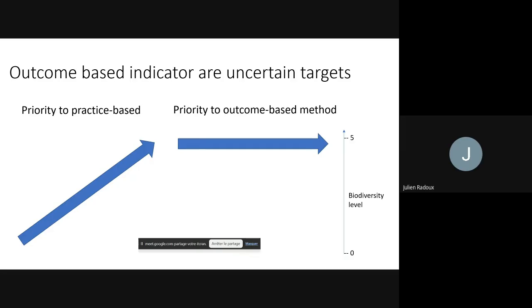But all I wanted to say here, from the point of view of biodiversity uplift assessment, is that if you get high outcomes, it means that the practice behind is good. So it's not necessary to change the practice as long as you can warrant that the outcome is present in your area. So those two are complementary.